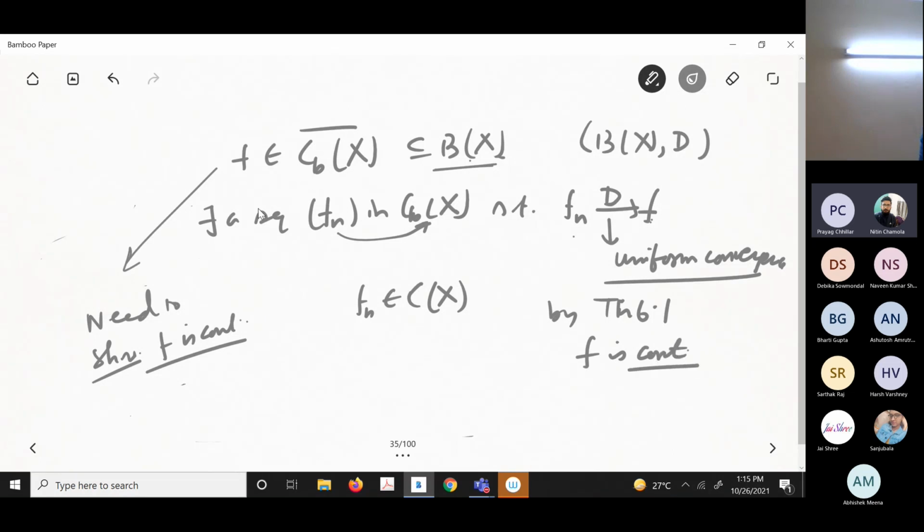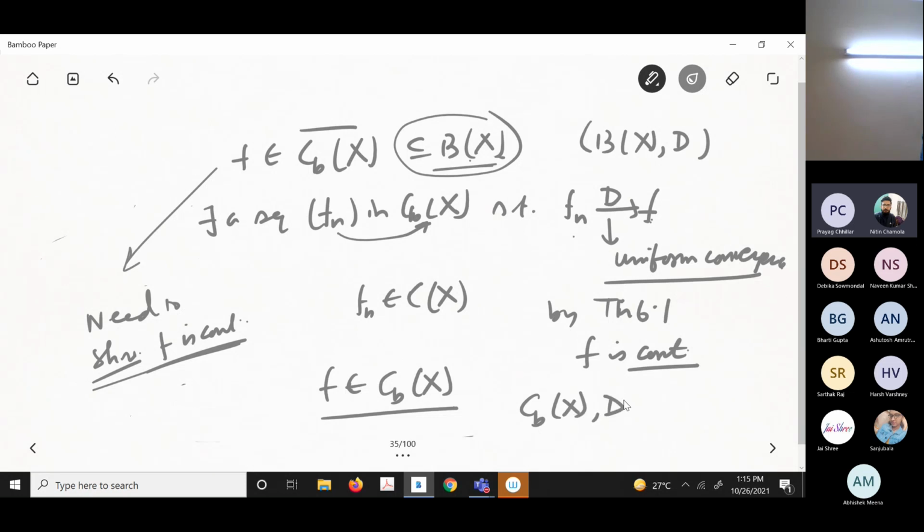That I got, f is continuous, and of course f is bounded, so f belongs to CB(X), since everything I am working inside is B(X). That means CB(X) is complete. CB(X), D is a complete metric space. This is the proof. I am just using the fact that convergence with respect to this metric D is nothing but uniform convergence, and I am using theorem 6.1, which says that a uniformly convergent limit of a sequence of continuous functions is continuous.